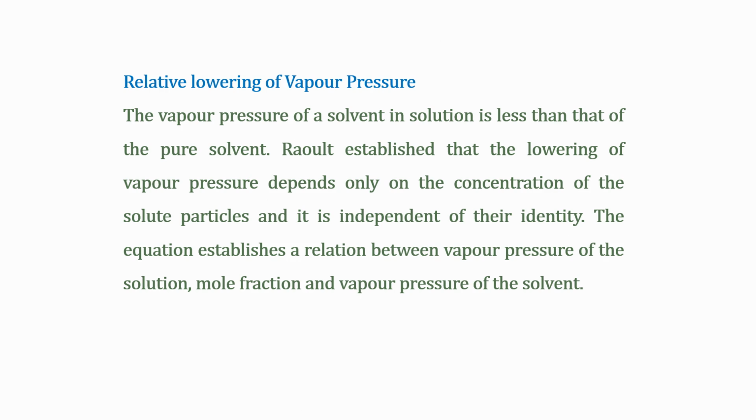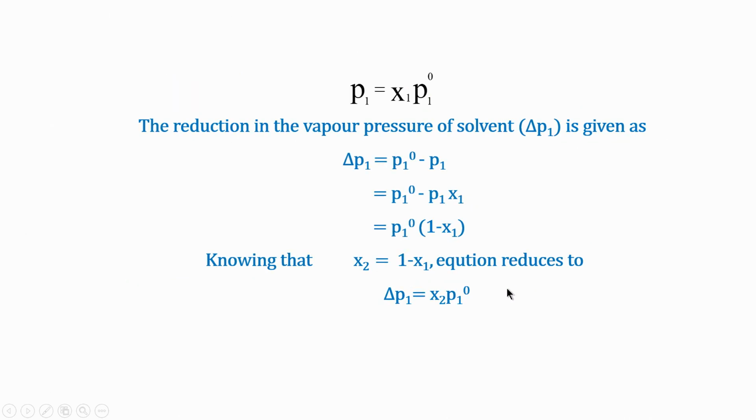This equation establishes a relationship between vapor pressure and mole fraction of the solvent. Here I write P1 is equal to x1 into P1 naught, a very simple expression which we have seen earlier. The reduction in the vapor pressure is given as delta P1 equal to P1 naught minus P1, because P1 will be lower than that since it contains solute.